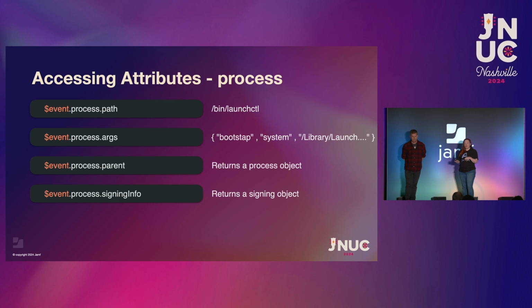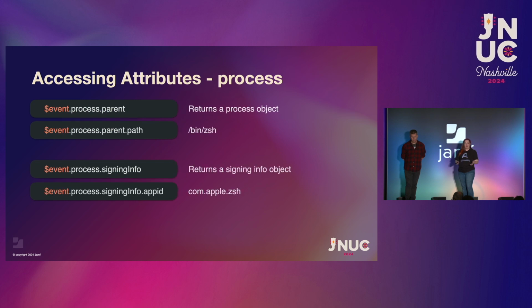I can also search for the parent path, that'll be the parent object, and the signing info returns the signing info of that process. Continuing on with our processes, again, returning that parent object, so parent path, bin zsh, and then the signing info for that is going to return com.apple.zsh.